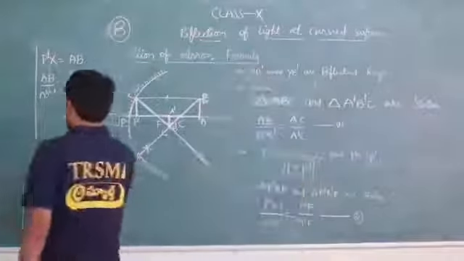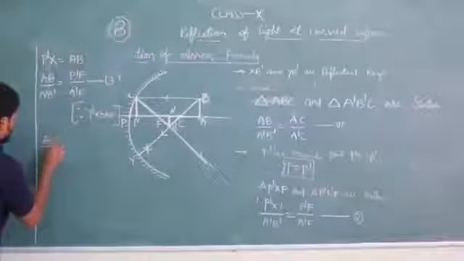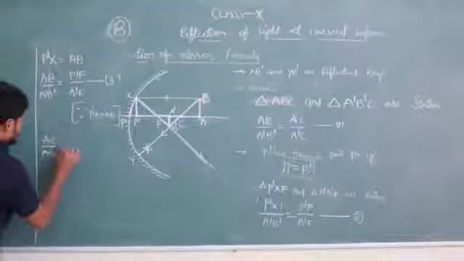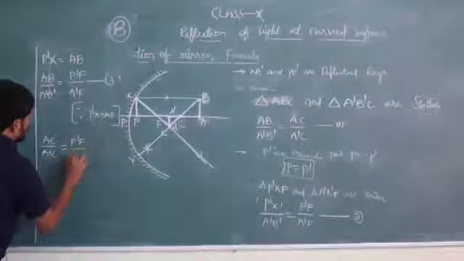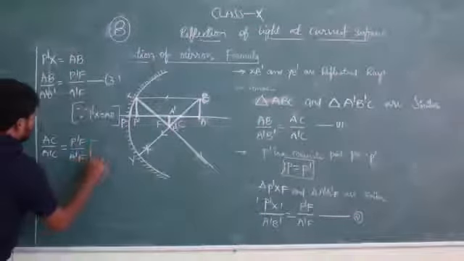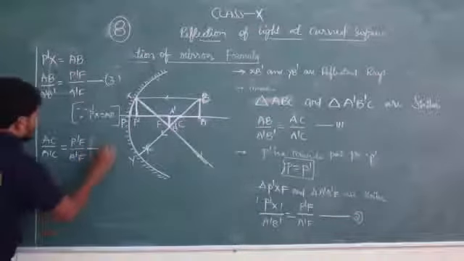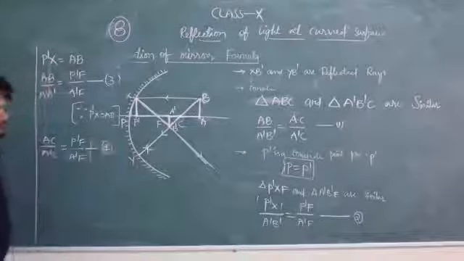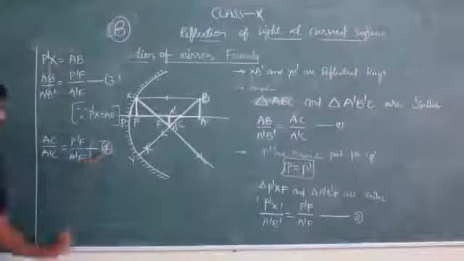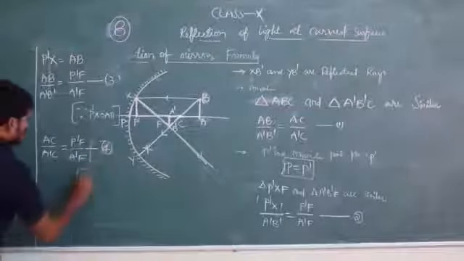Let's write AC by A dash C equals P dash F by A dash F. Say this equation number 4. Got it? Say that equation number 4. Since from where you have written this?